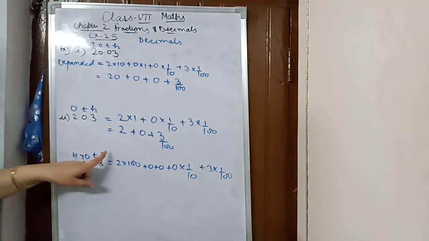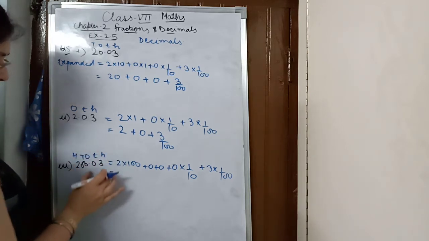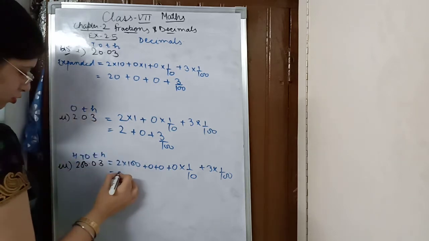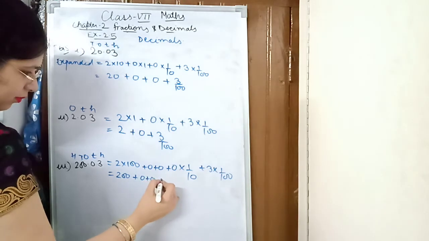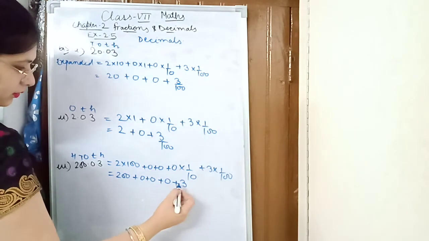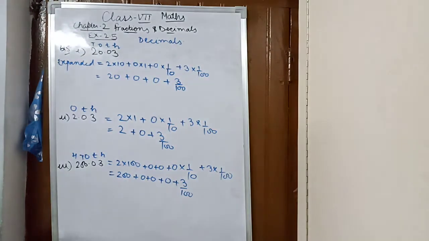This is 10th, this is 100th. This portion you know, this is very easy. This you have to pay a little bit more attention. 2 into 100 is 200, plus 0 plus 0 plus 0 plus 3 upon 100. Okay, this is the expanded form.